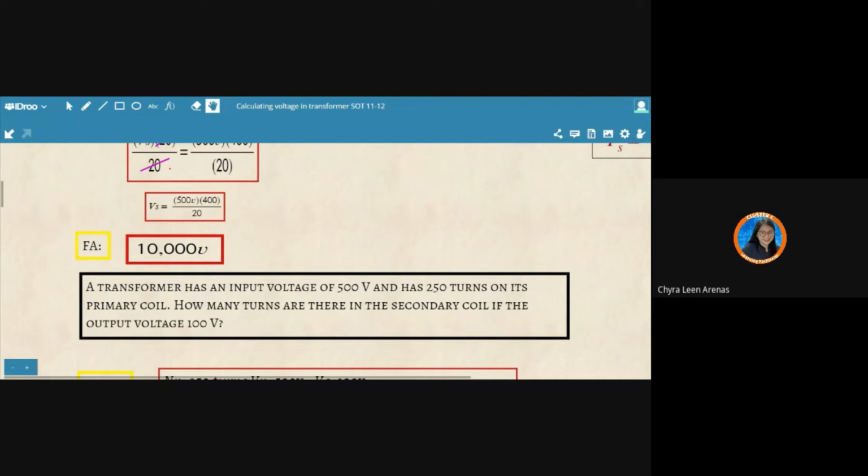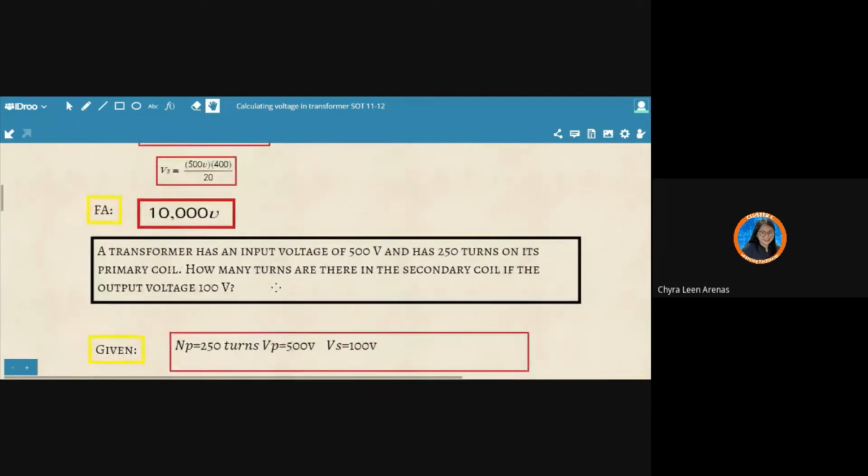So again, that is the problem, and we have to analyze the problem in order for us to know what we will write in our given, what we need to find, and what will be our solution. Okay?